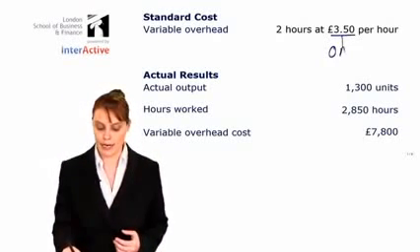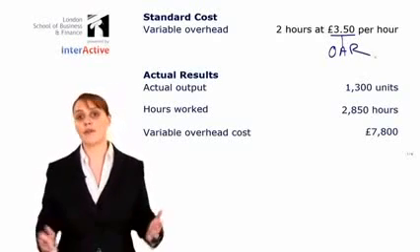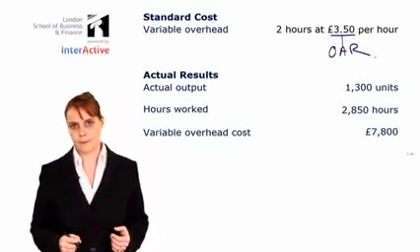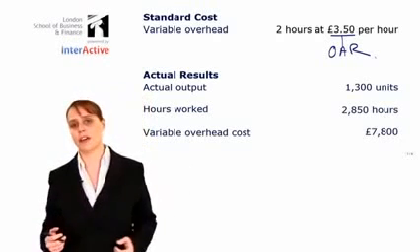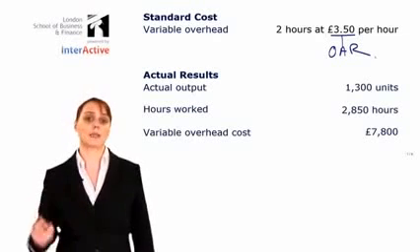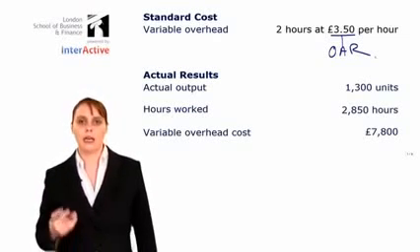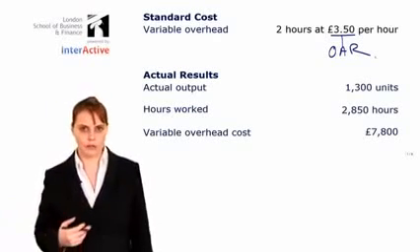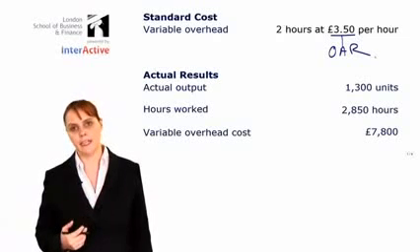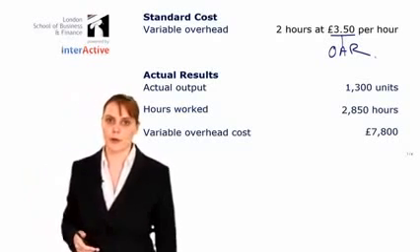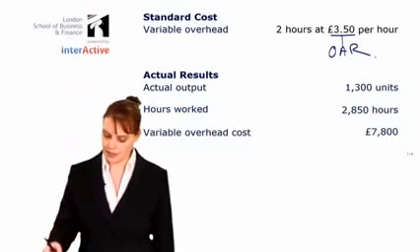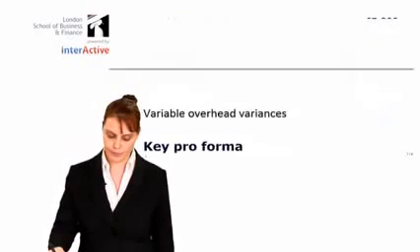So this is our overhead absorption rate for our variable overheads. And then we have our actual information, so the units we have actually produced, the actual labour hours worked, and what was our actual total variable overhead cost for the year. So we'll just put this information into our pro forma then to calculate our variances.